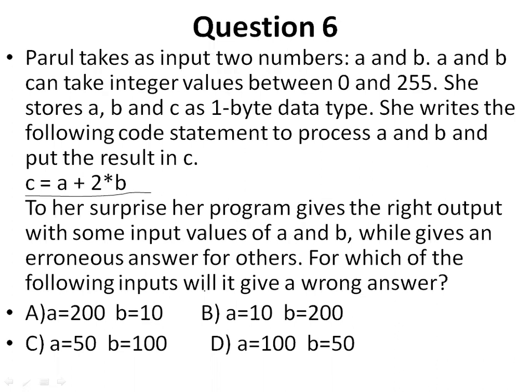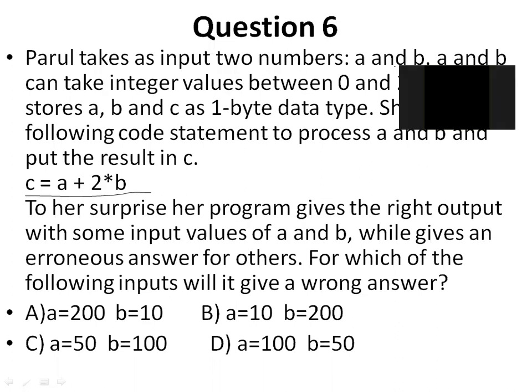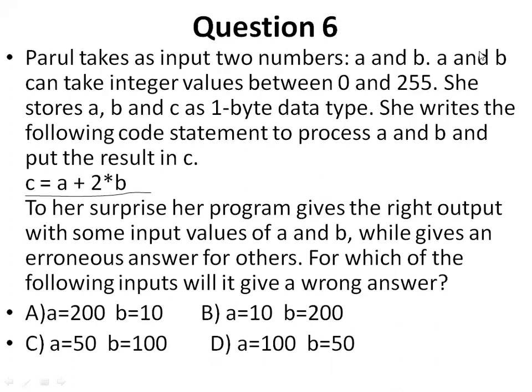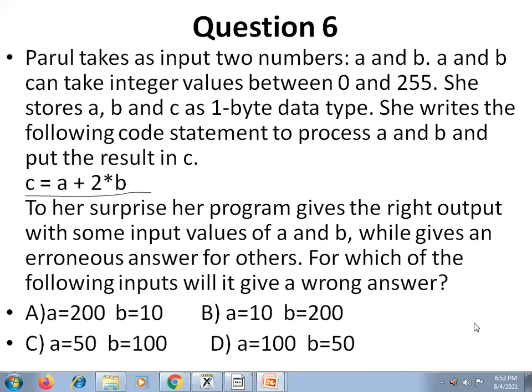For which of the following inputs will it give a wrong answer? Options A, B, C, D.